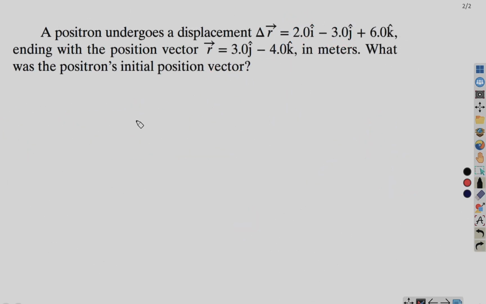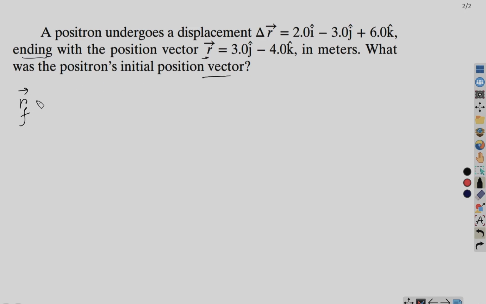Given a positron undergoes a displacement delta r vector with this component along x, y and z axis, ending with position vector with this in meters, what was the positron's initial position vector? So the final position vector, because it is the ending position vector, therefore this is our Rf.